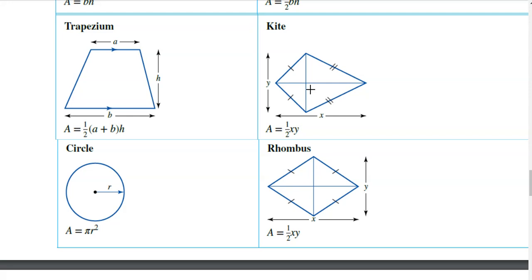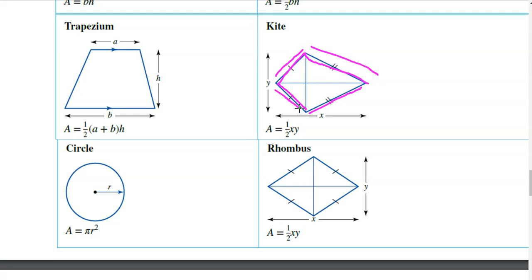Okay, now a kite. What is a kite? Well, a kite is a quadrilateral that has 2 sets of lines that are the same length. So this is the same length as this, and this is the same length as this, but this length is not the same length as this length, okay?